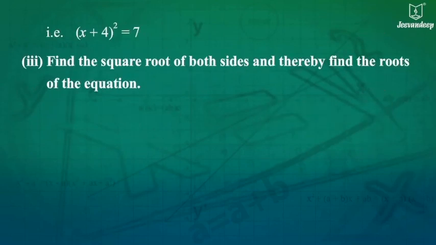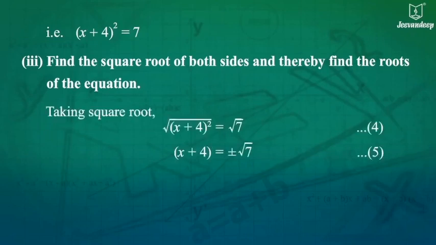Third step, find the square root of both sides and thereby find the roots of the equation. That is, x plus 4 whole square is equal to 7.